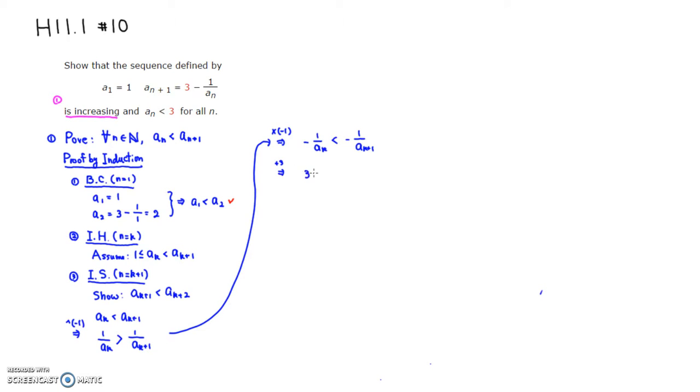We get 3 minus 1 over a_k is less than 3 minus 1 over a_(k+1). By definition, the left hand side is exactly the definition of a_(k+1), and the right hand side is the definition of a_(k+2), which is the inequality we're trying to get.